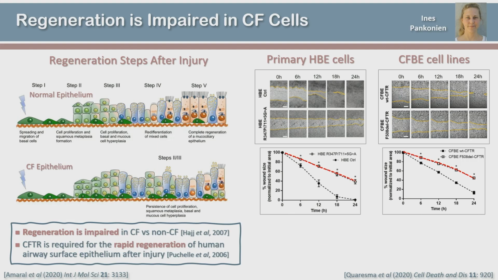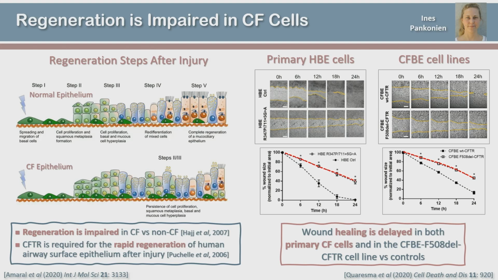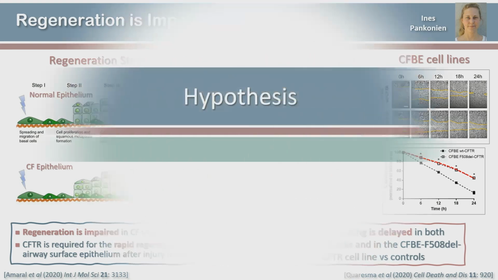We have a hypothesis for why this is happening, because I'm not going to show you today, but we do have data showing that the actin cytoskeleton is very disorganized in the CF cells. So these cells, in contrast to the wild type ones, actually misdirect. So they're not proliferating and moving by whatever attracts the non-CF cells to each other to rapidly close the wound.